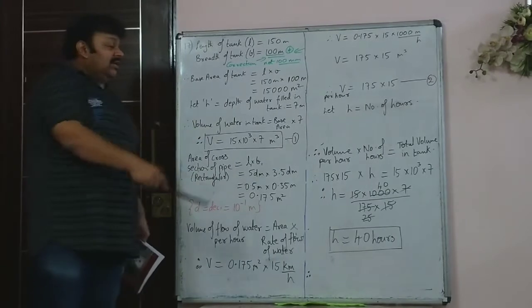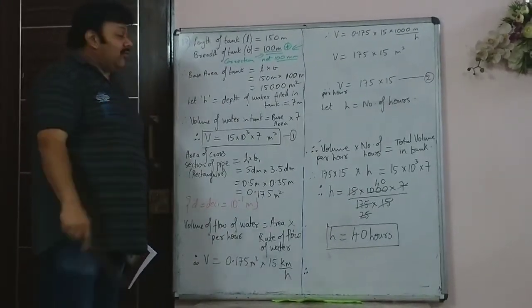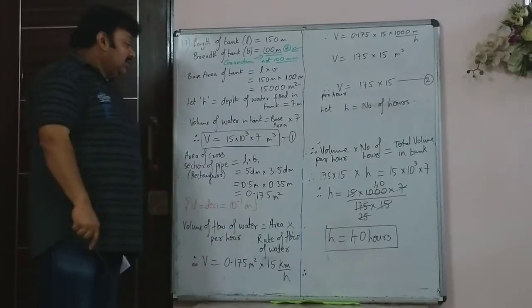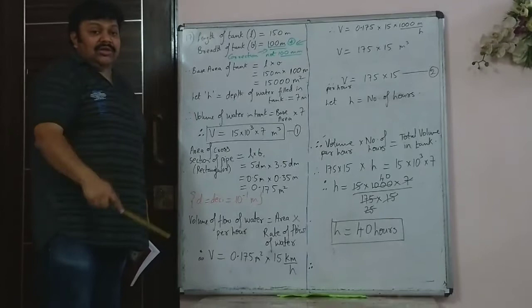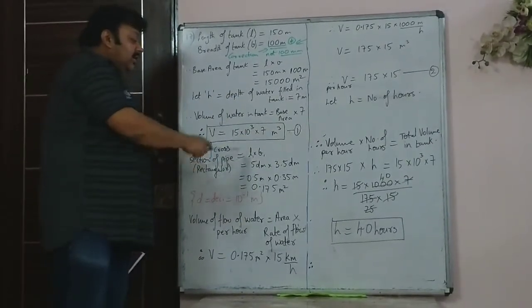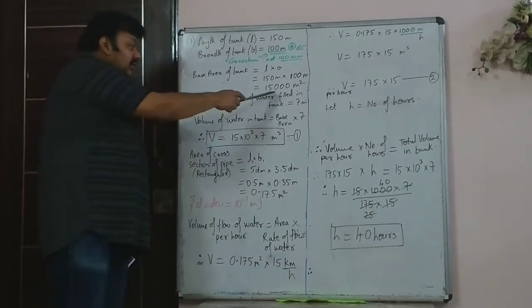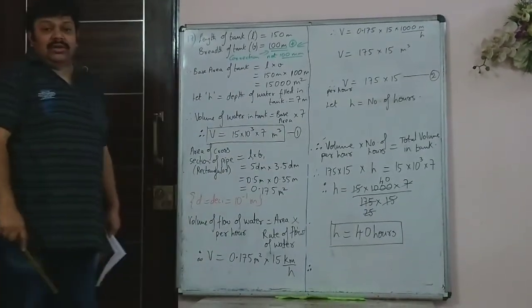And the depth or height to which water is filled is 7 meter. So the volume of water in the tank when the water level is 7 meter is this base area into height. So 15,000 into 7.